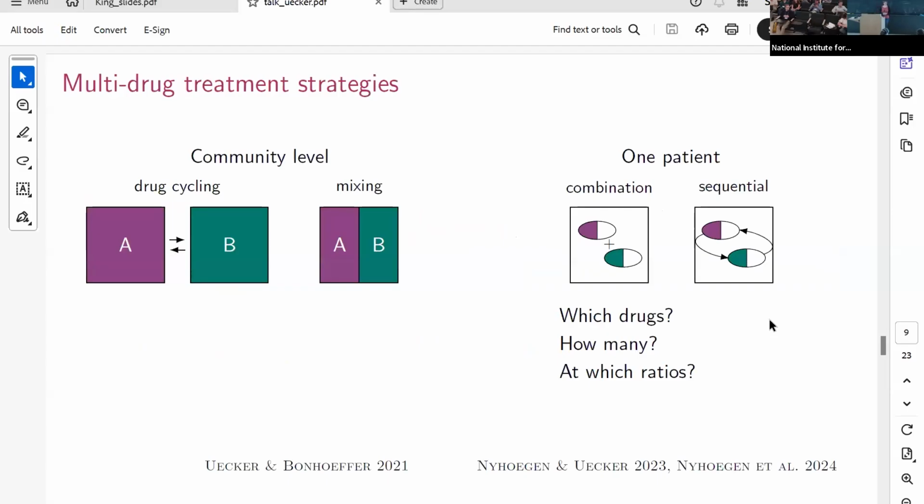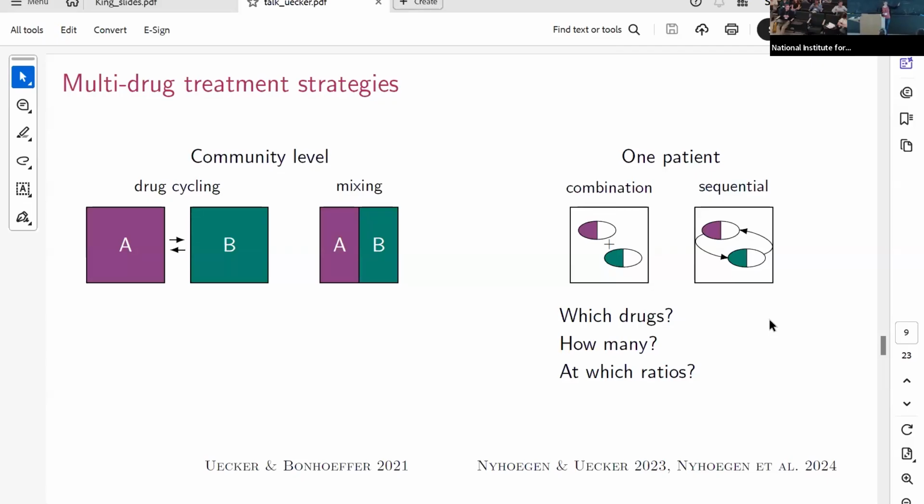One very prominent approach is multi-drug treatment strategies, where one doesn't use just one drug, but two or more. The idea is kind of simple. The idea is to increase the genetic barrier to resistance, because ideally the bacteria need at least one mutation to become resistant to each of the drugs in the treatment. That can happen at the community level. For example, if you're thinking of a hospital ward, we could have drug cycling: for 3 months the default drug is drug A, then for 3 months it's B, and then it goes back to A, and so on.